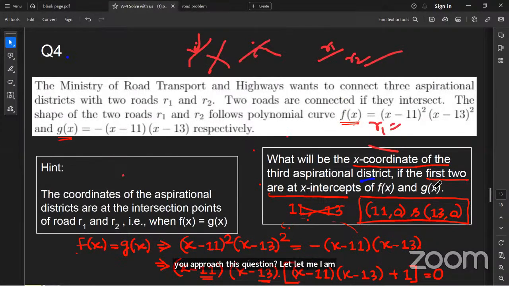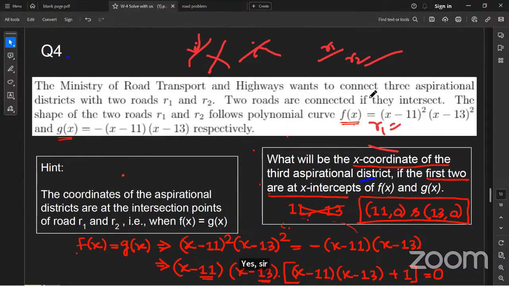You can see wherever the roads intersect, the cities will be there, because you are already saying R1 and R2 connect all 3 cities. It means that wherever the roads meet, there will be one city. Everyone understood up to this?